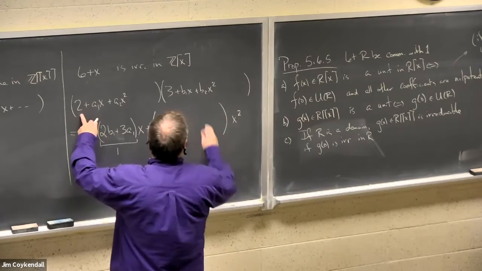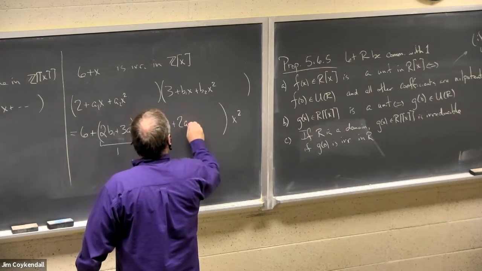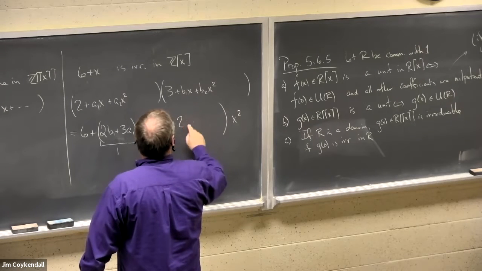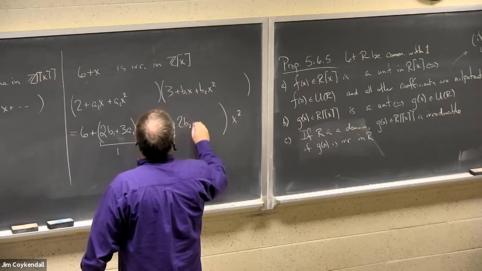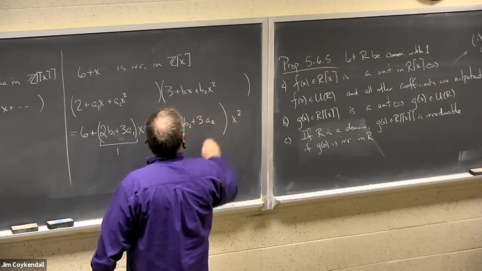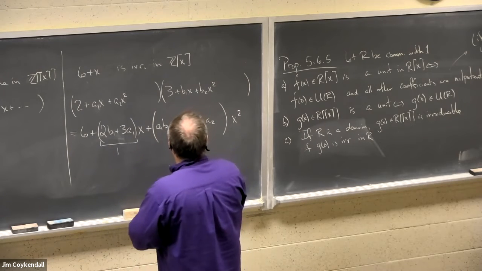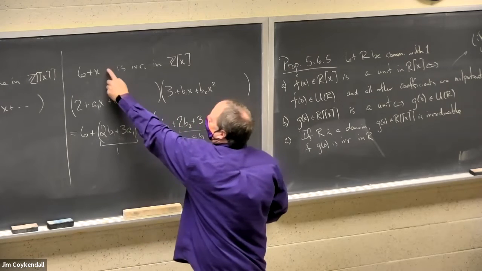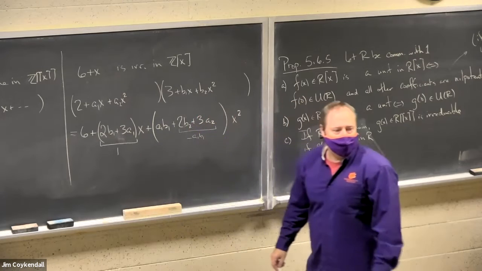And then I get plus 2 B2 plus 3 A2. And I have to have this be minus A1 B1, because remember, I want the whole thing to be 0 at this term.